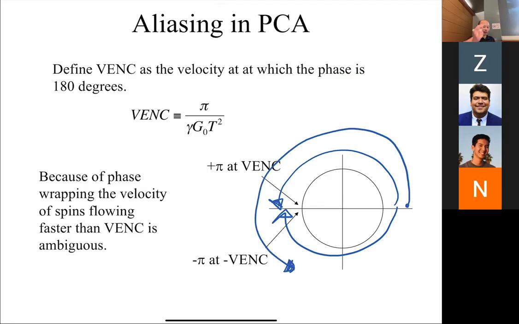I don't know if it's a big positive flow, or maybe a smaller negative flow. That's the ambiguity. So there's something called VENC, which is the velocity which gives you pi phase. If your velocity is higher than that, it's going to give you more than pi phase, and you're not going to know which way the velocity went.